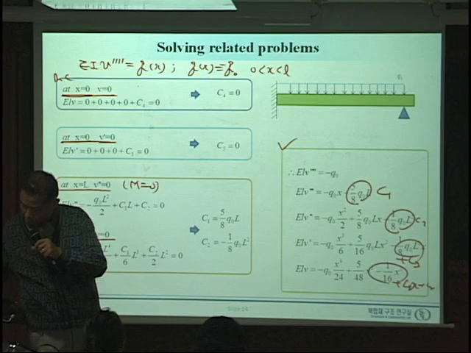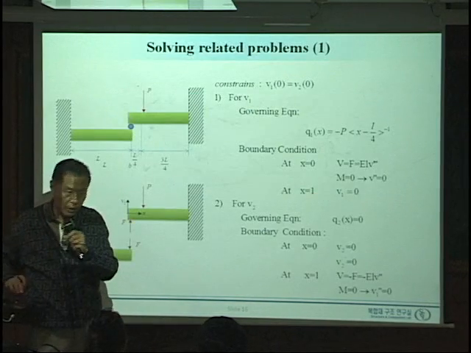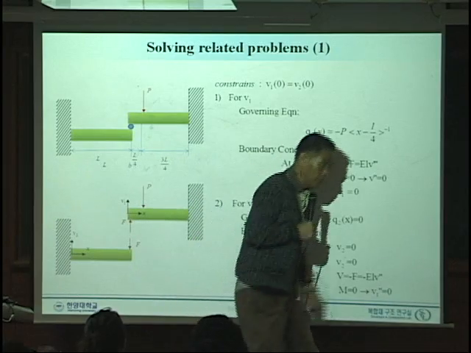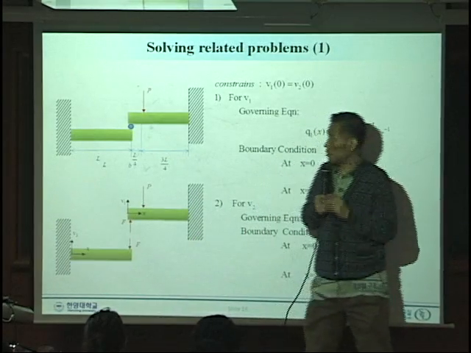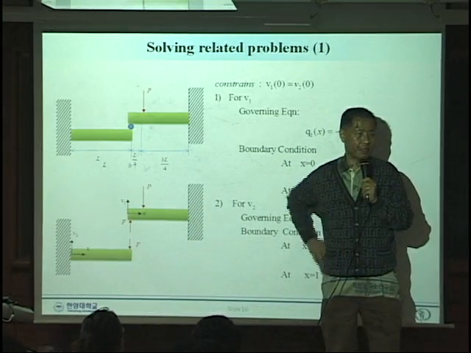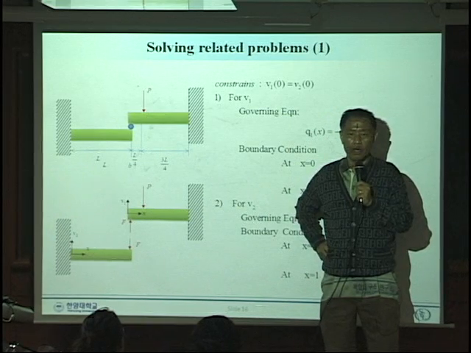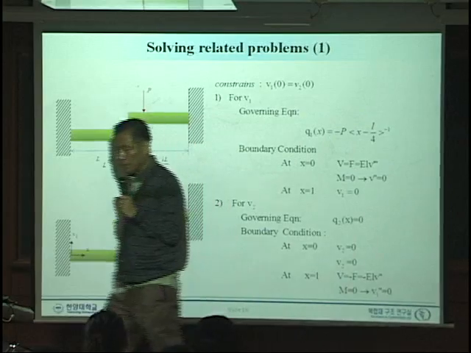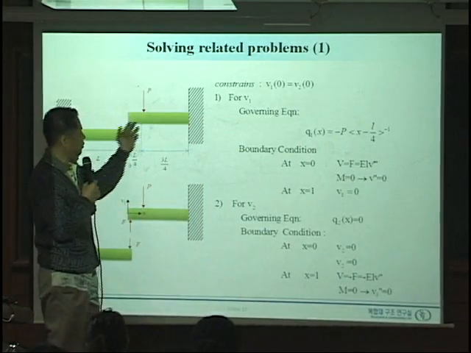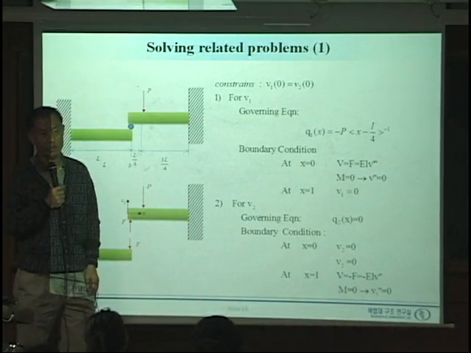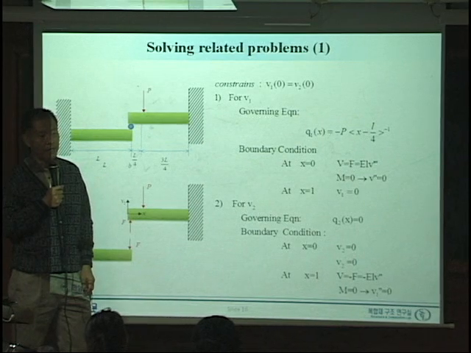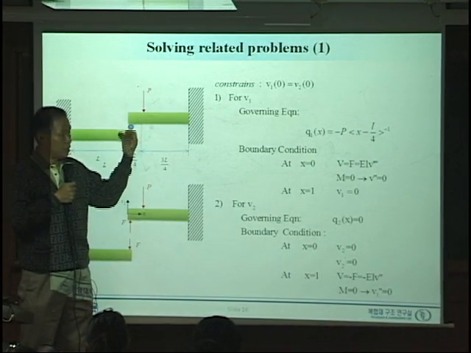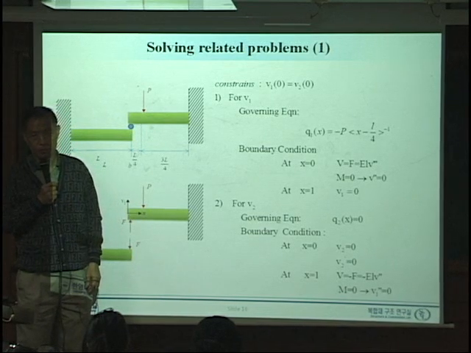And this is the old procedure. Now we're going to examine some slightly more advanced applications using beam theory. Let's say we have 2 beams, and between these 2 beams there is a little support.